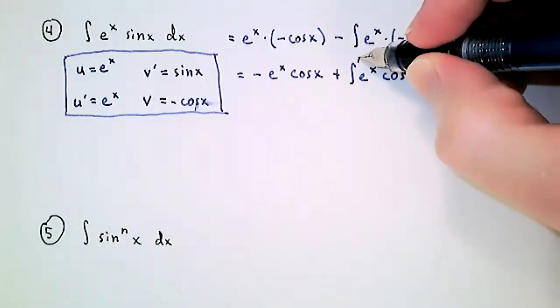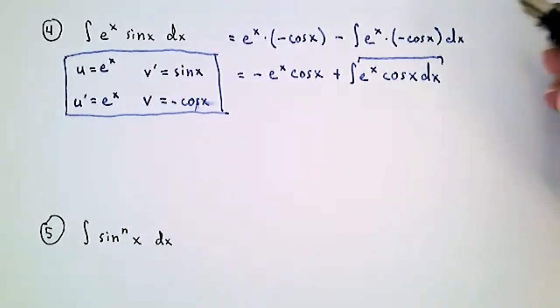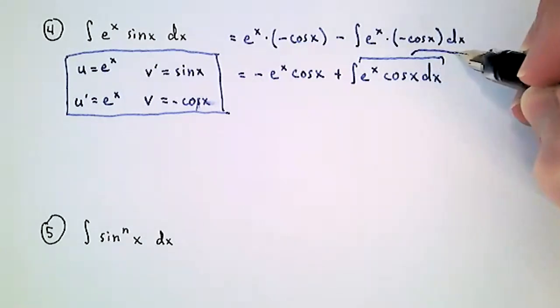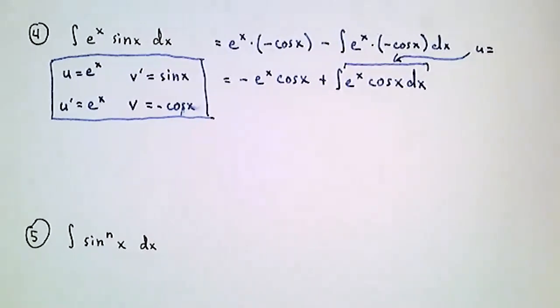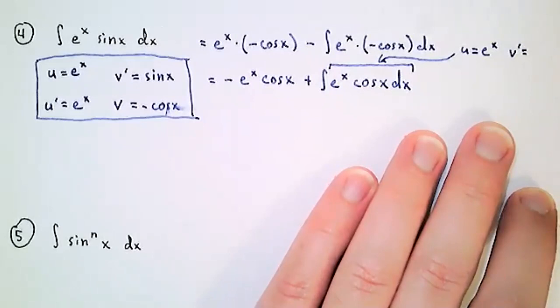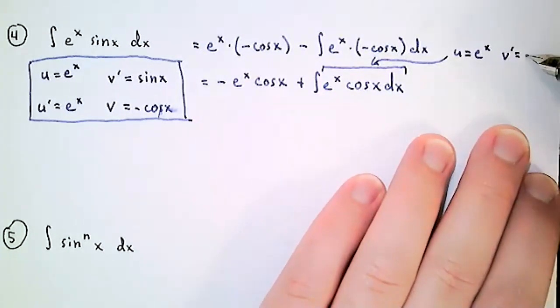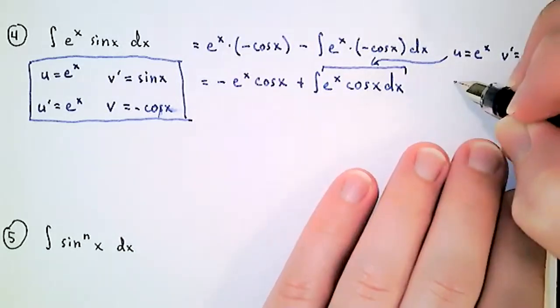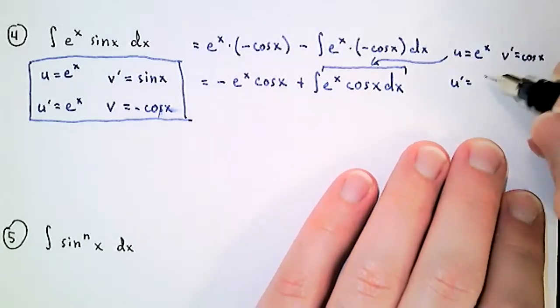So let's stick with u equals e to the x, and then our trig function will be v prime. So the derivative of e to the x is e to the x, of course.